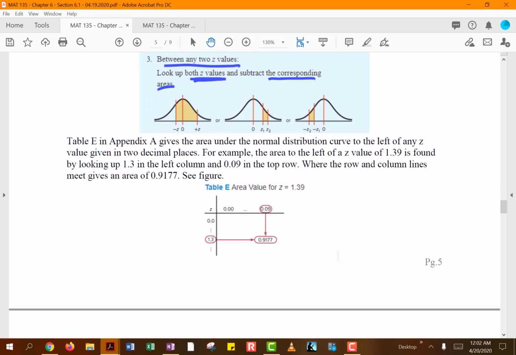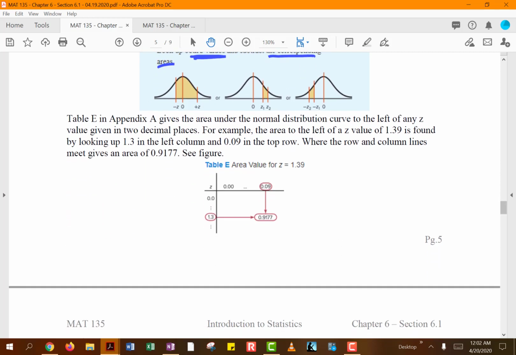Okay, so let's see how we can use our table to find these values for our z-scores and come up with that area. They're telling you the table gives the area under the normal distribution curve to the left of any z-value given in two decimal places. So by default, the normal distribution table will always give you the area which is going to be to the left of the z-value.